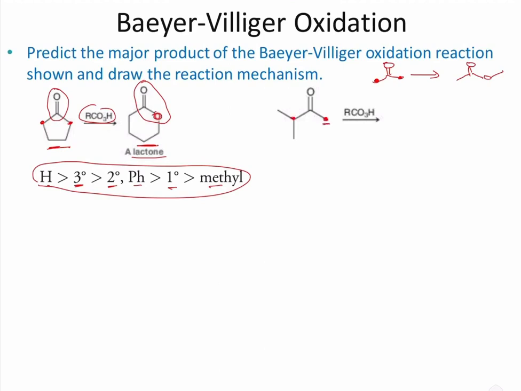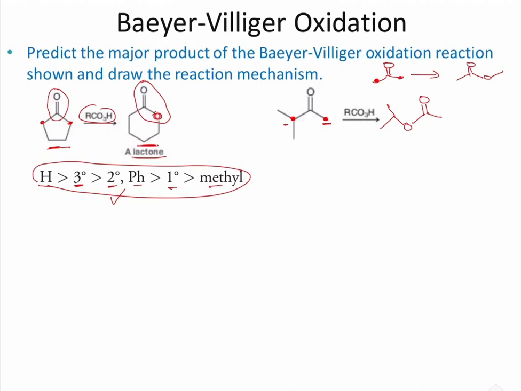Of course, this is a methyl group, and this is attached to 2 carbon atoms, so we're going to say that this is a secondary alkyl group. So the secondary alkyl group is going to be the one that's going to migrate. So the product will look like this, that attached to oxygen, and then we have that group.